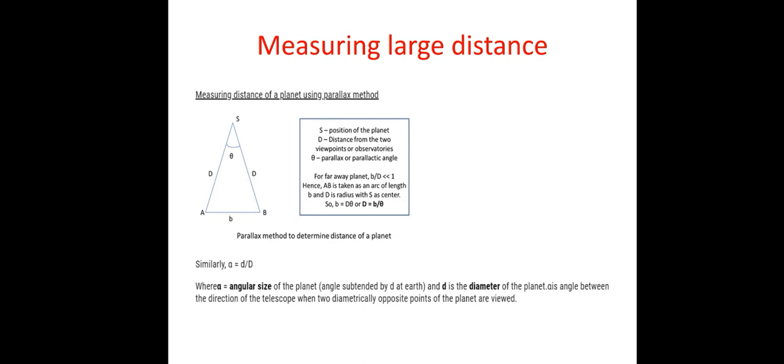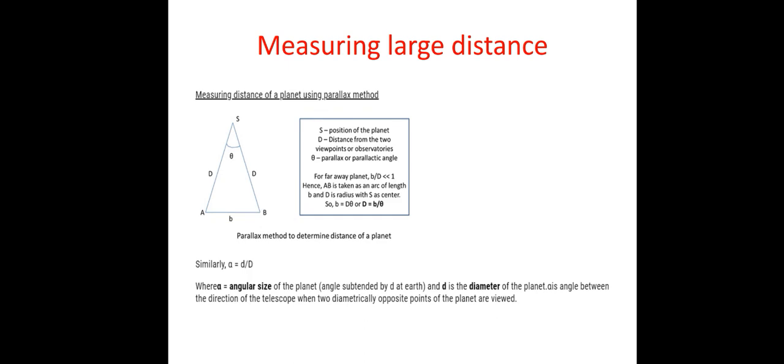Let's say S is the position of the planet and D is the distance from the two viewpoints, observer A and observer B. Theta is the parallax or parallactic angle, right?